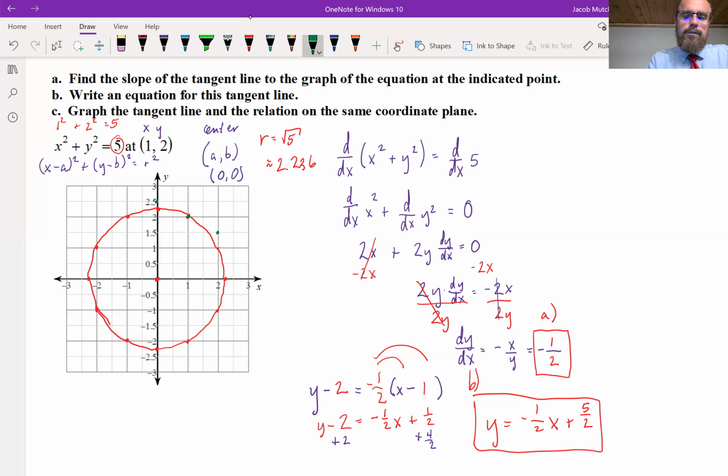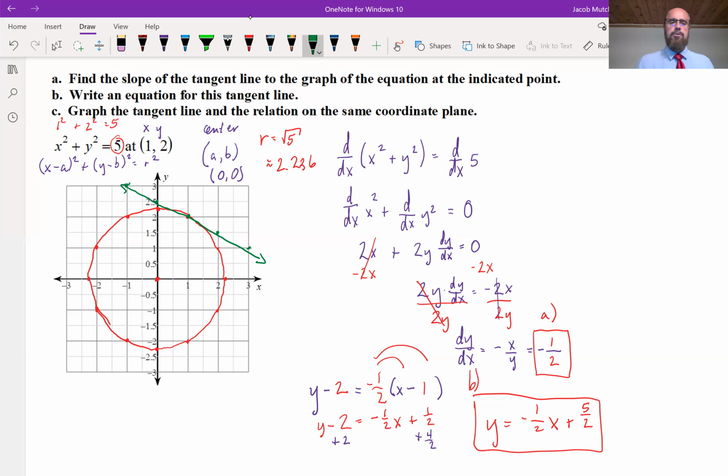I can reverse that as well. It's up 1, left 2. And that'll give me this equation. So we've got to check to see if that's a tangent line. And that rough graph looks excellent because although I am intersecting there on my graph, that's just due to the roughness of the sketch.